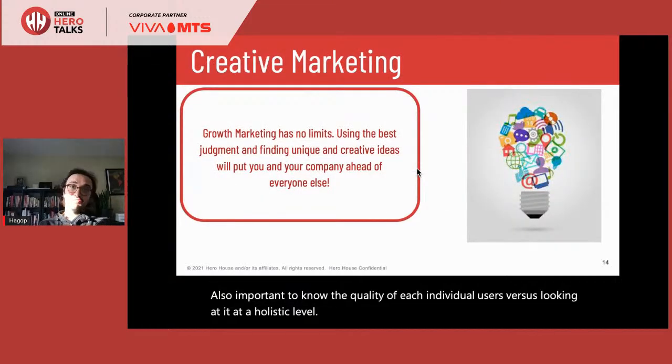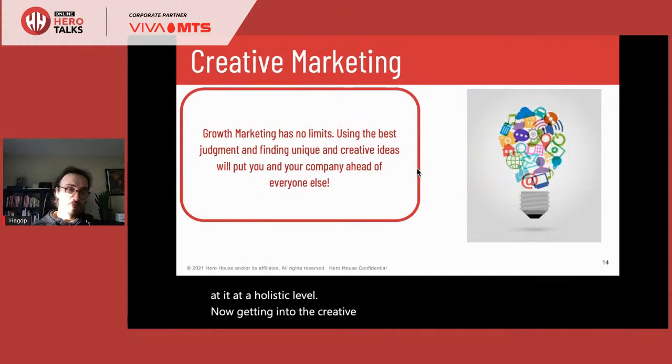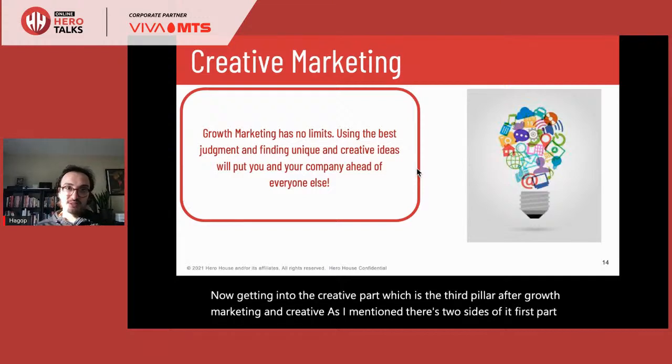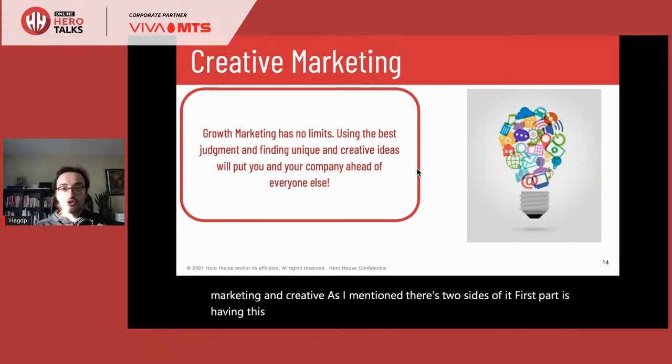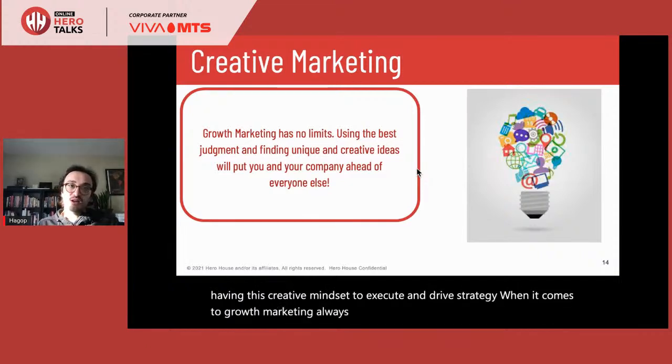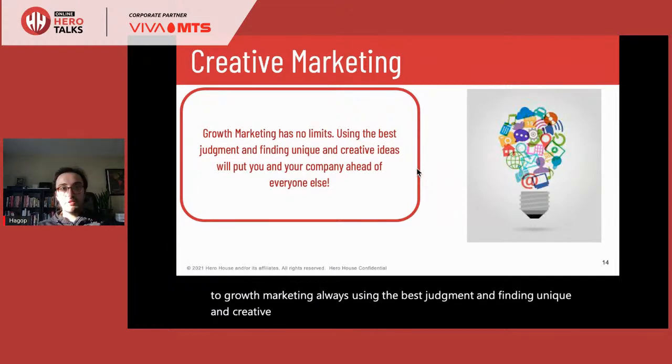Now, getting into the creative part, which is the third pillar of growth marketing. And creative, as I mentioned, has two sides. The first part is having this creative mindset to execute and drive strategy when it comes to growth marketing. Always using the best judgment and finding unique and creative ideas to put your company ahead of everybody else.